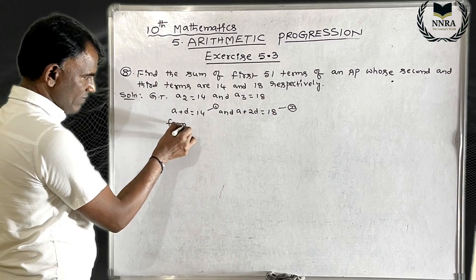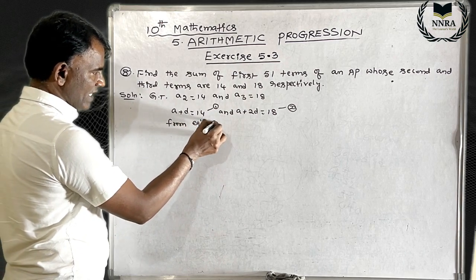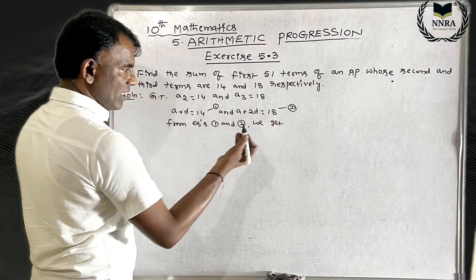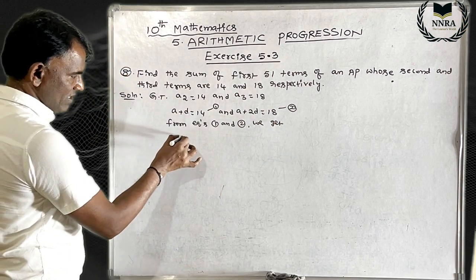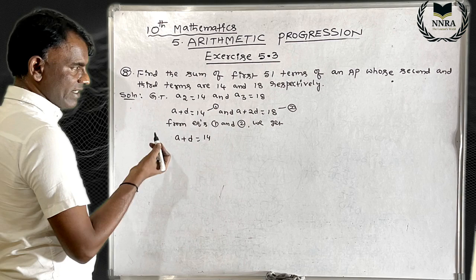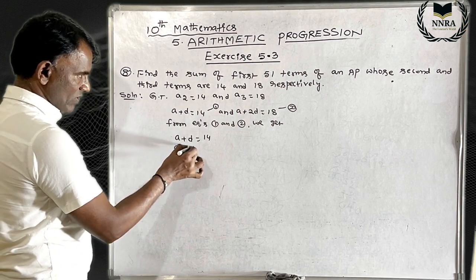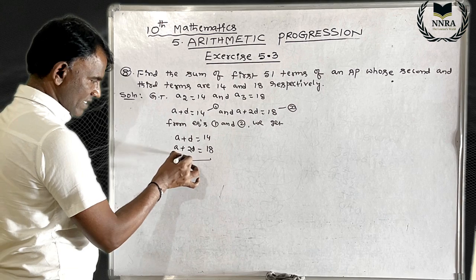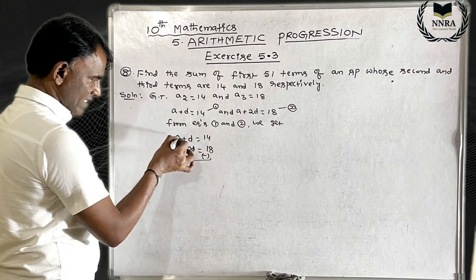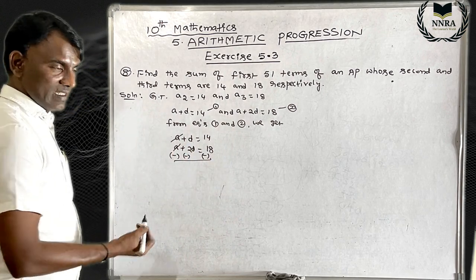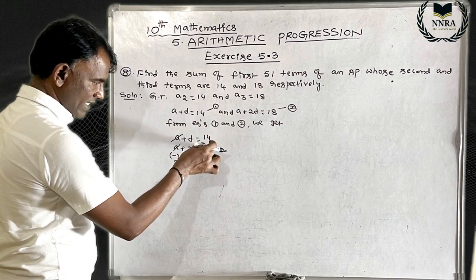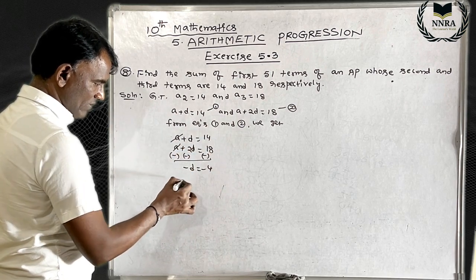So write here from equations 1 and 2, we get, now what is the first equation? a plus d equal to 14 and a plus 2d equal to 18. Now change the signs, minus, minus, minus. The a term gets cancelled. d minus 2d is minus d, 14 minus 18 equal to minus 4.